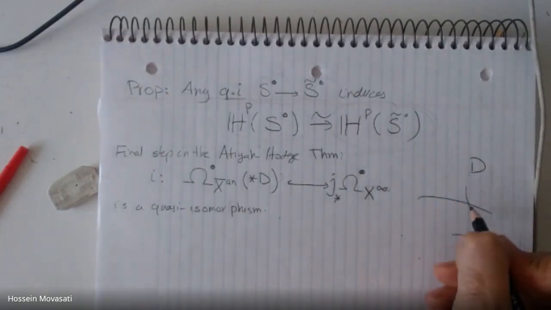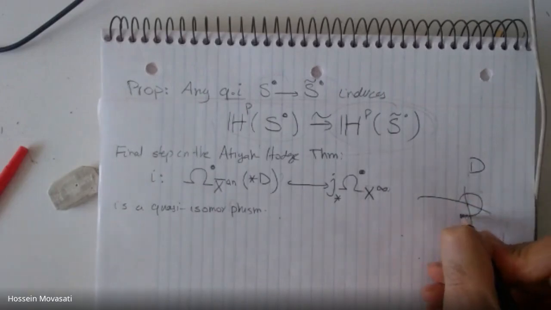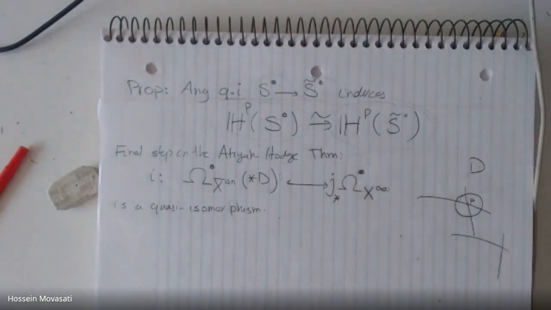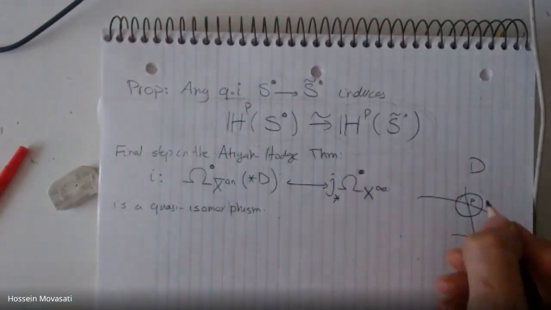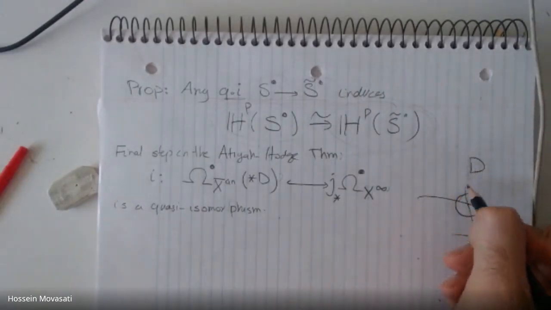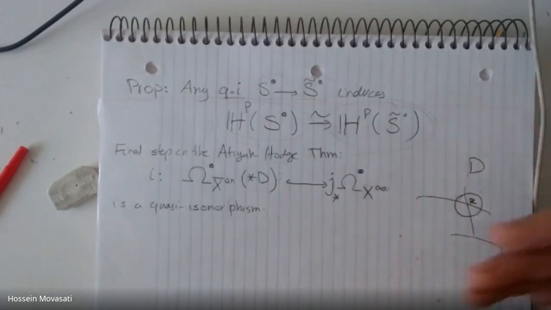quasi-isomorphism is just a property locally. So this means that at the end I have to choose points, let's say P, or let's call it X. And remember that my divisor D: well, if x is not in D, then just take a small neighborhood.